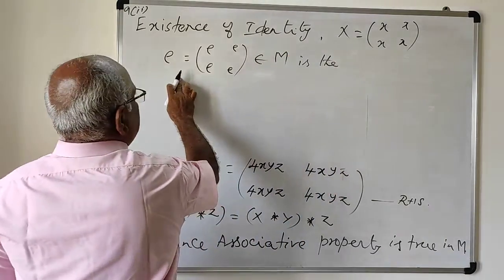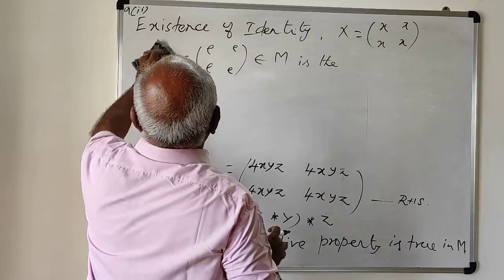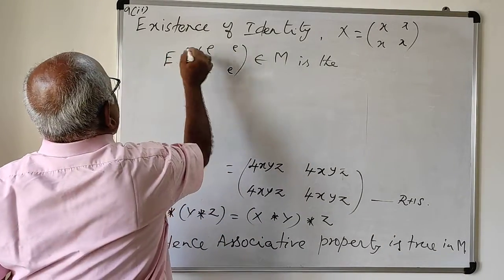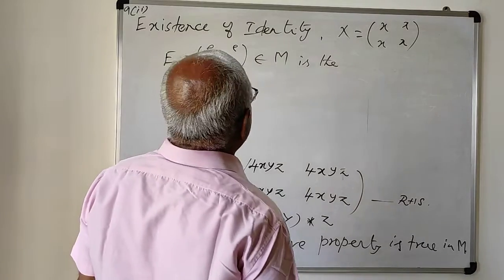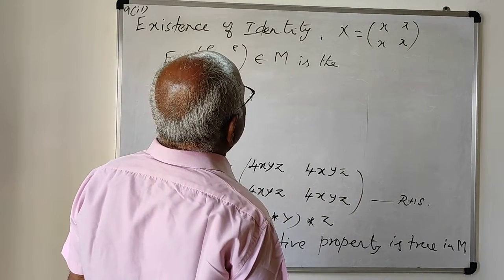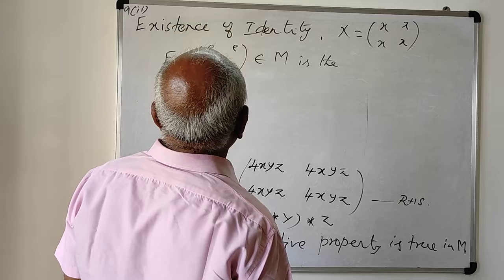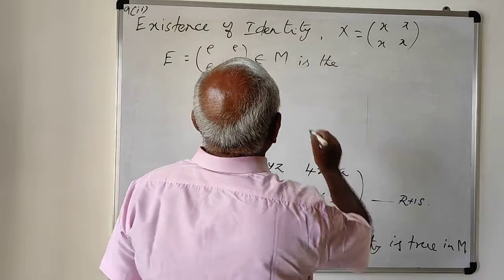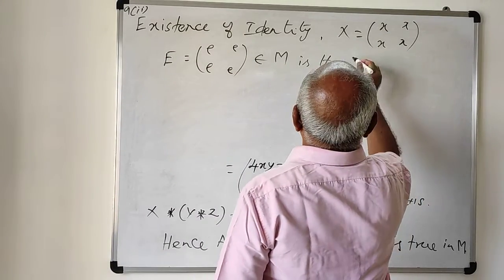We consider capital E as the matrix, the identity matrix.